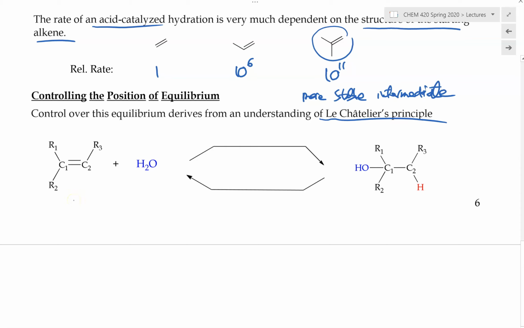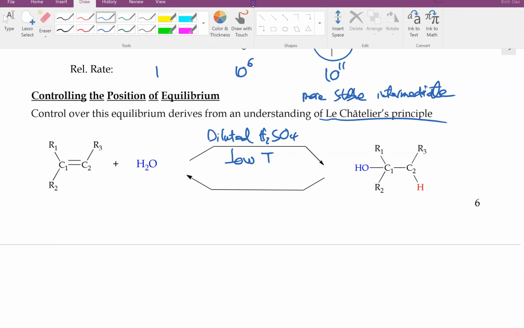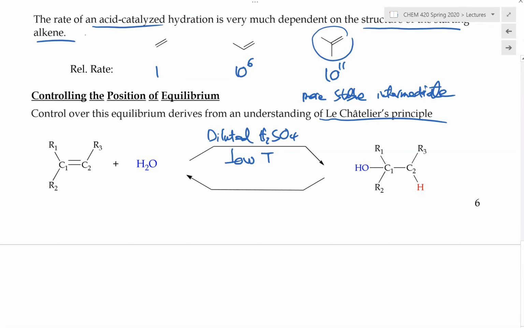It has been found as follows. If we use dilute sulfuric acid, that would favor the addition reaction, and we want to do this at low temperature as well. Versus if we want the opposite, the elimination reaction, we will use concentrated sulfuric acid, and we'll do this at high temperature.